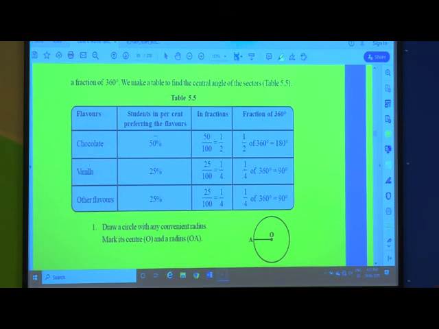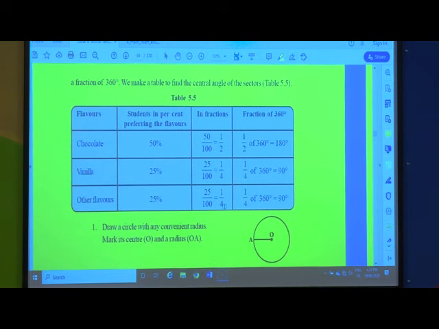Now the total is 100%. In fractions, 50 upon 100, it is half. 25 upon 100 it is 1/4. Again 25 upon 100 is 1/4.